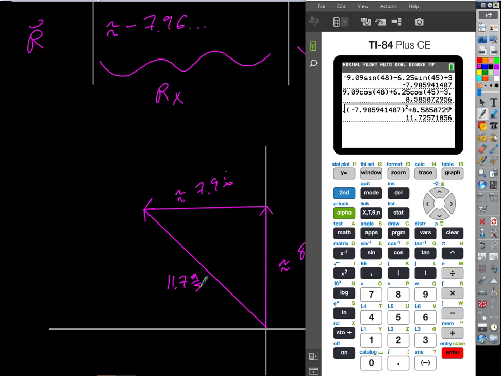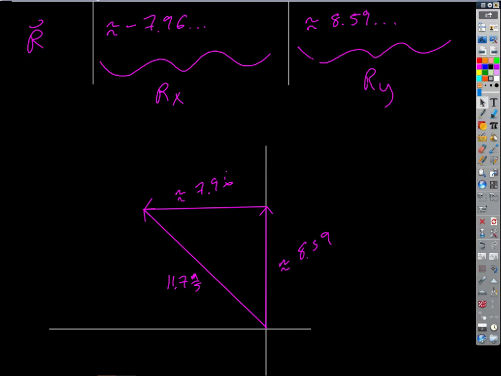Now how about the direction? How am I going to find the direction based on this right triangle I constructed? Everything I need now comes from the resultant row of my table. What do I do? Arctangent. Okay, so let's call this one the theta, because that's the one that's inside our triangle. And so how is theta defined? Well, we can skip this step. Let's show it one time.